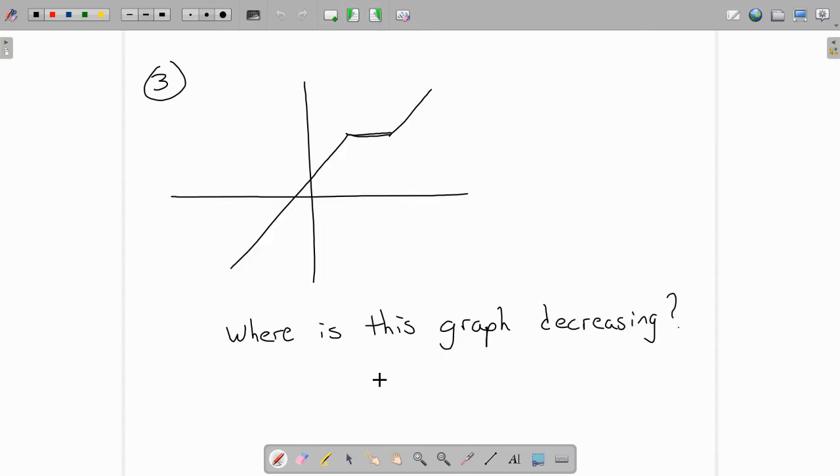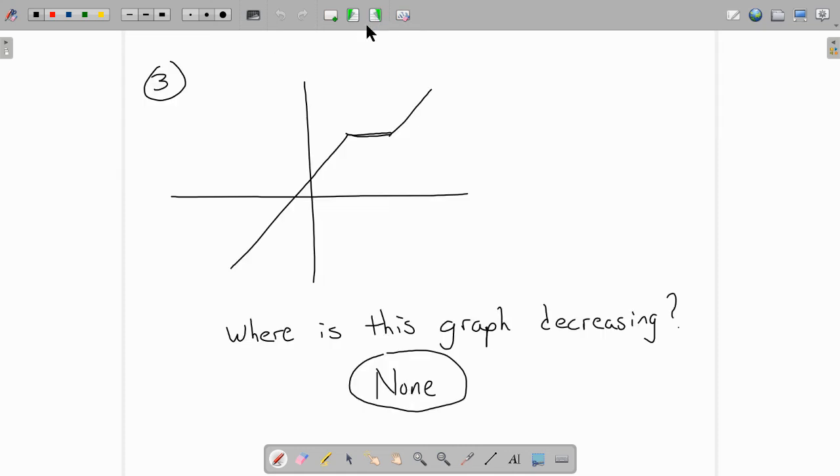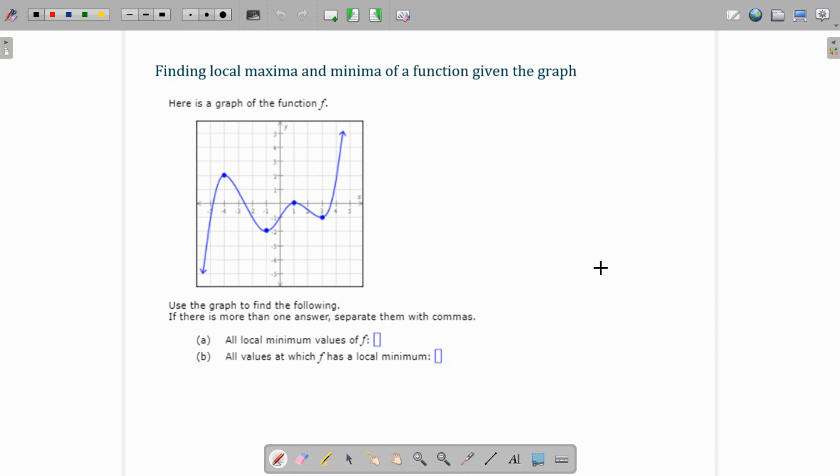So that would be a click none on Alex. I didn't copy one of those from Alex, but if it's increasing, constant, increasing, and they ask you for decreasing, you have the option of clicking none if applicable. Just a heads up for that.